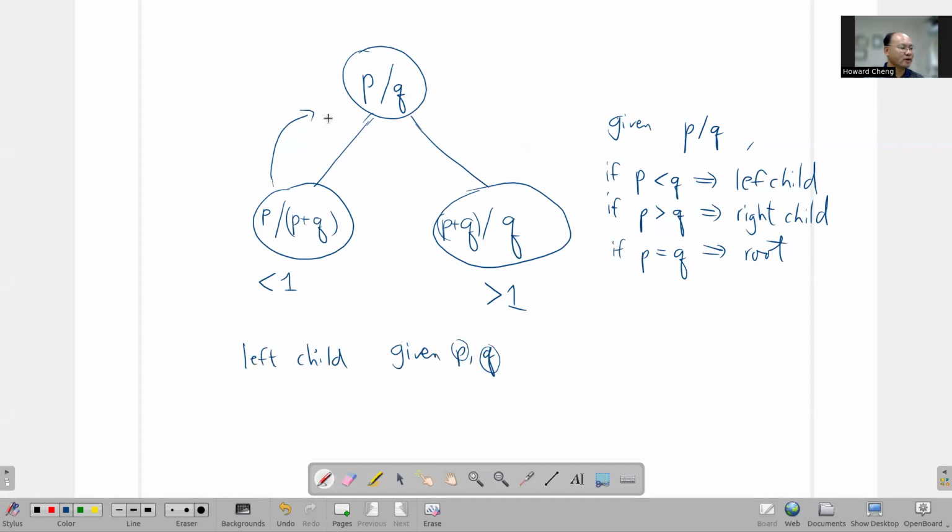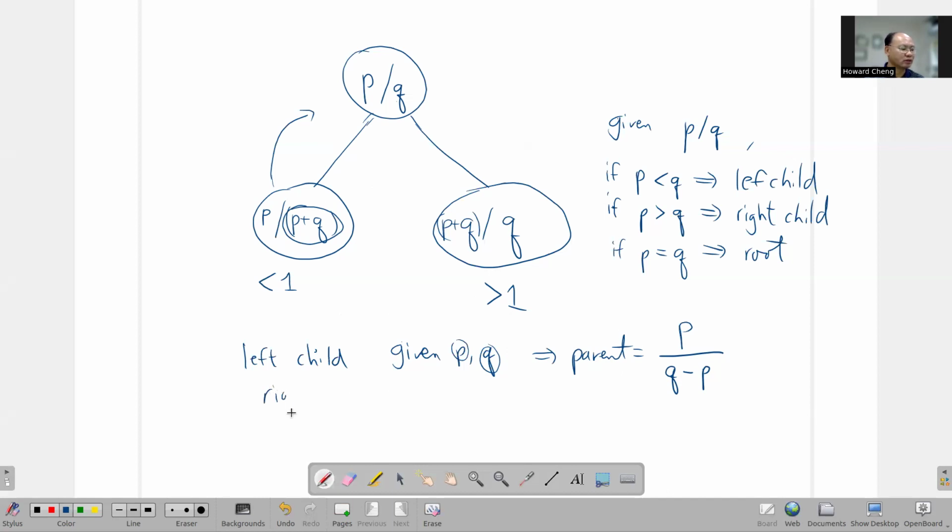To get to the parent, the numerator hasn't changed, so it's still P, but the denominator is the denominator minus the numerator. Okay, when you take P plus Q minus P, you get Q back. So if you are a left child, you want to get to your parent, this is how you do it.